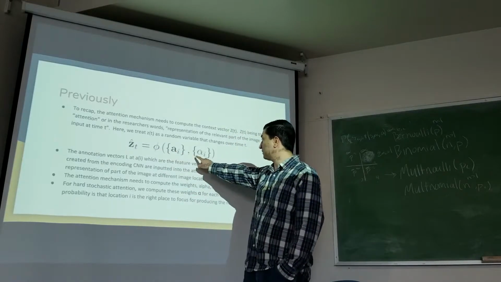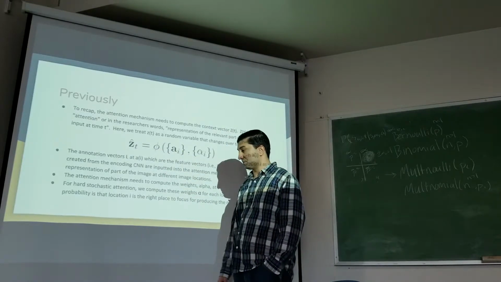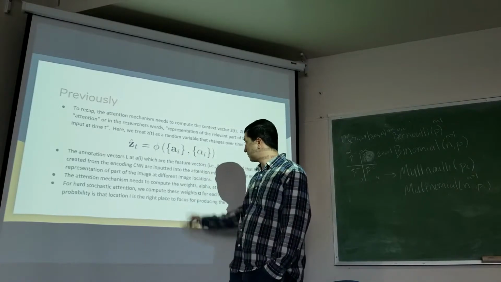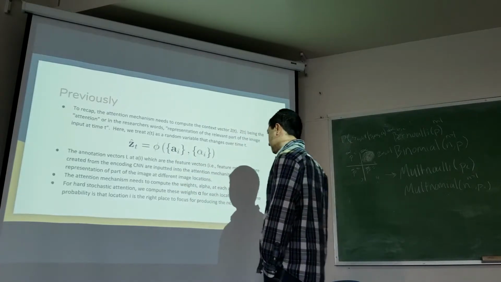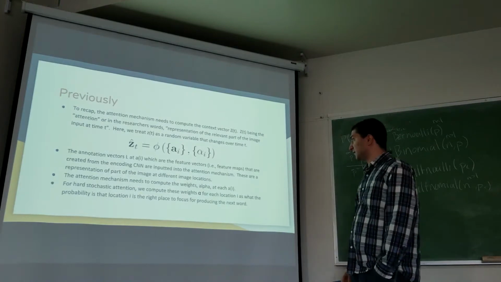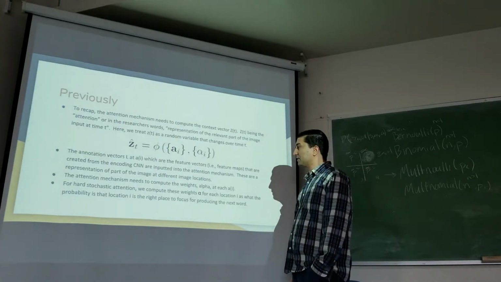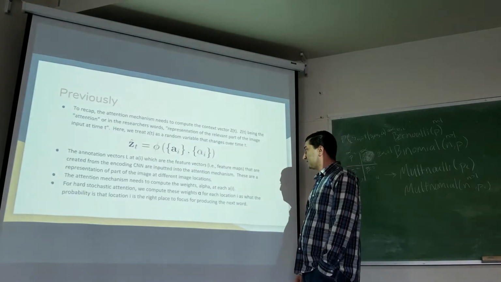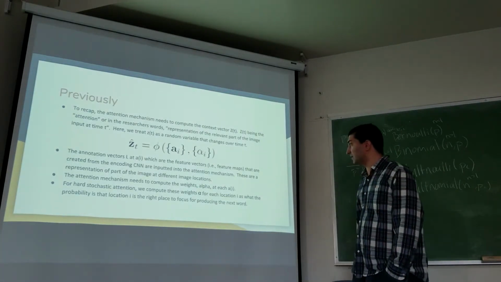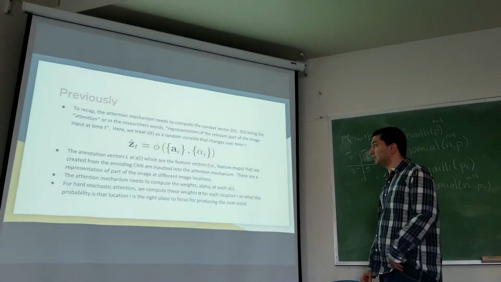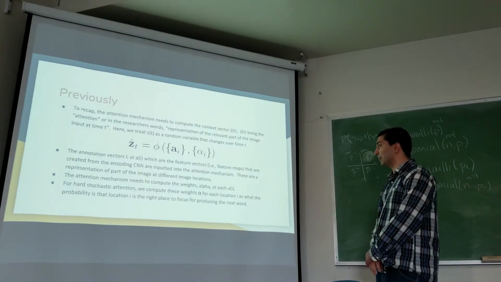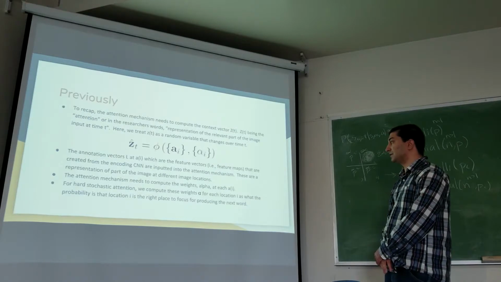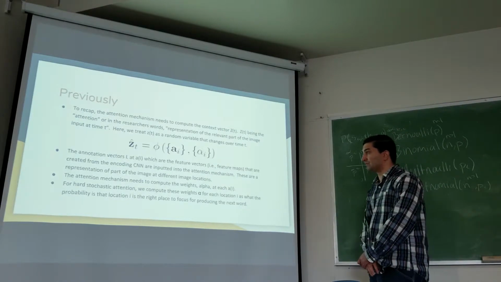And we have two inputs. We have those feature maps taken from our CNN, and then we have the weights at each one of those i locations. Again, restating, the annotation vectors a of i, which are the feature vectors, feature maps, that are created from the encoding CNN, are inputted into the attention mechanism. These are a representation of part of the image at different image locations.